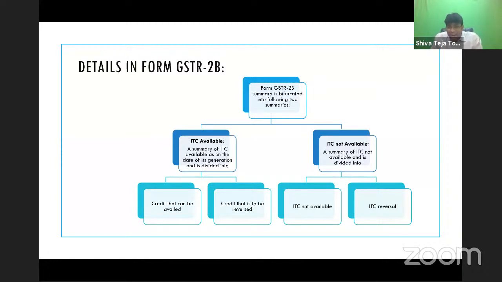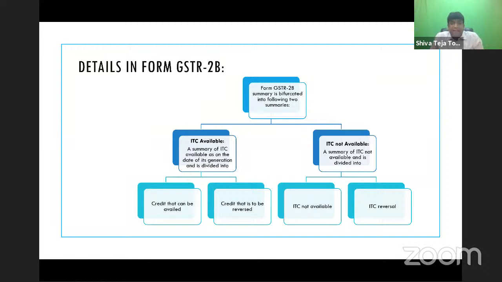In the same manner, even for claiming input tax credit, for example, in one particular month I am supposed to claim some credit, but I missed out claiming that credit. What should I do? Next month I'll claim. Like one of our friends asked me a question, for April month and May month, two months together, I'll claim in May only. So if one month you missed out taking credit, take credit next month.